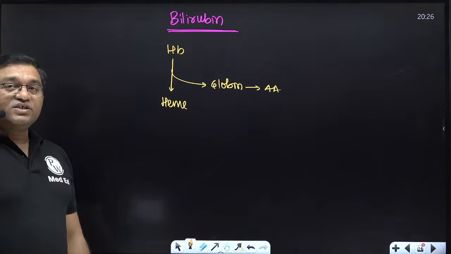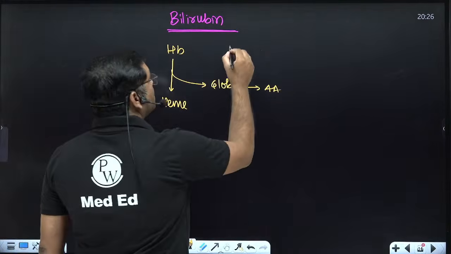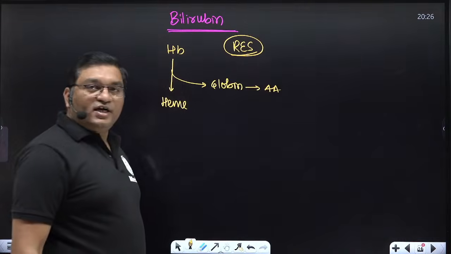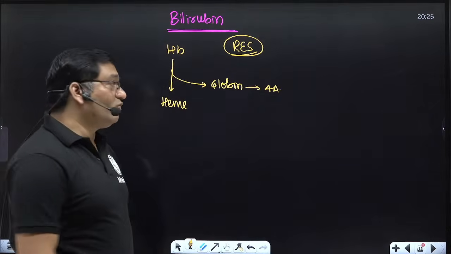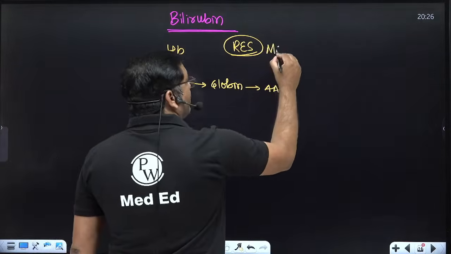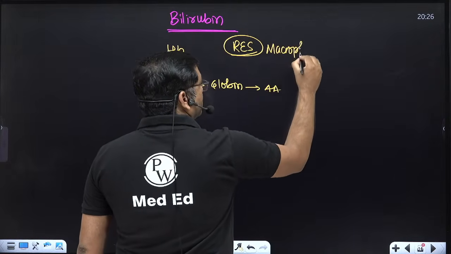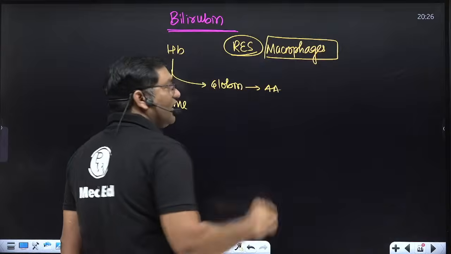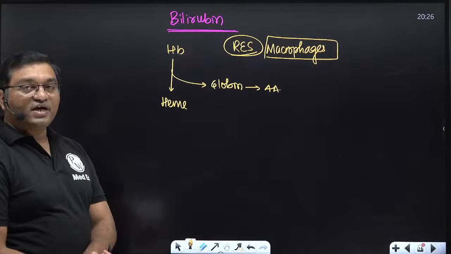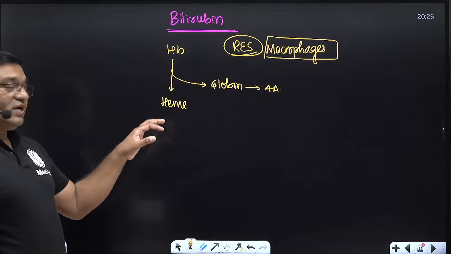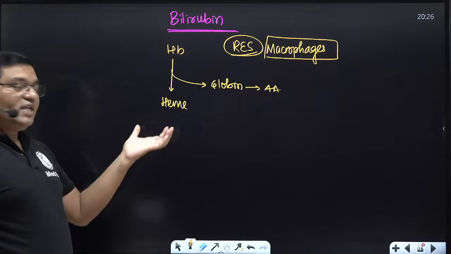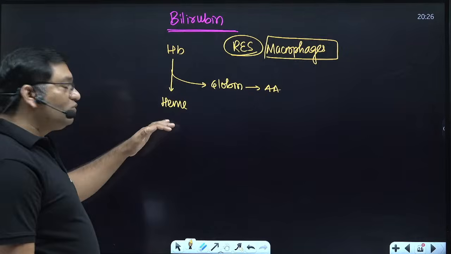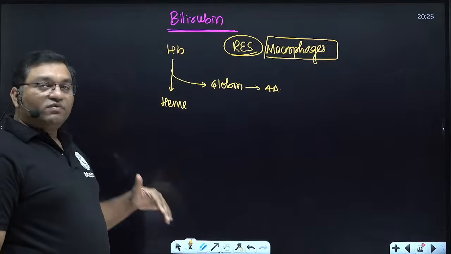The degradation of heme occurs in the macrophages of the reticuloendothelial system: spleen, liver and bone marrow, where heme is converted into biliverdin, and biliverdin is converted into bilirubin.